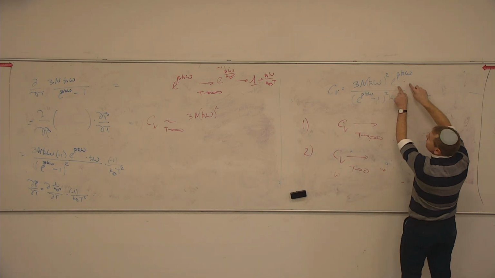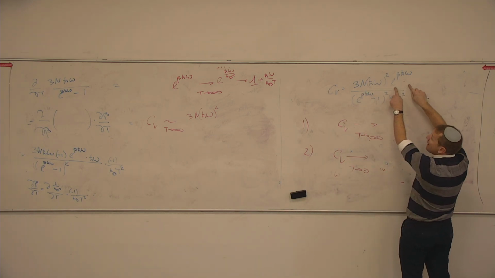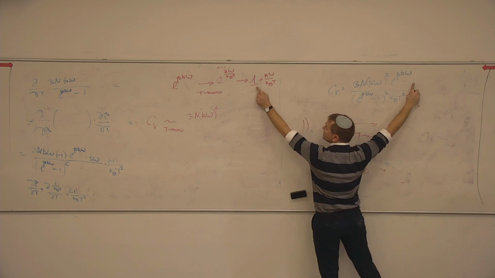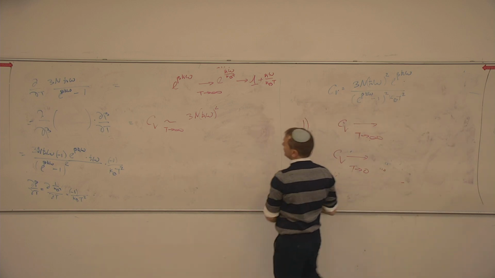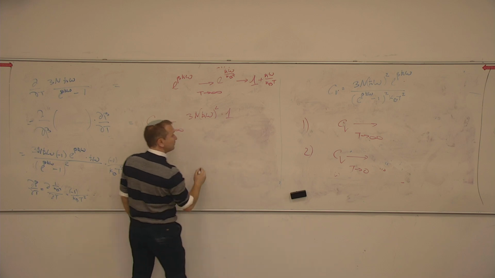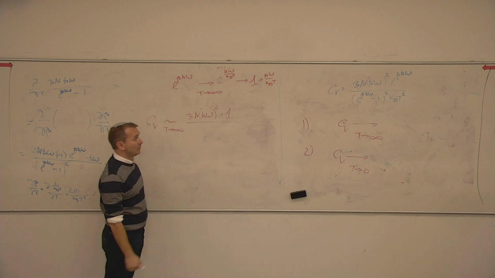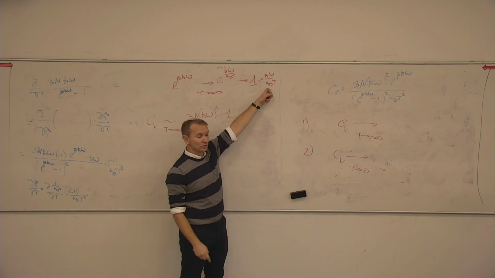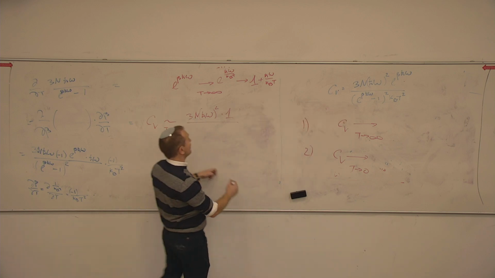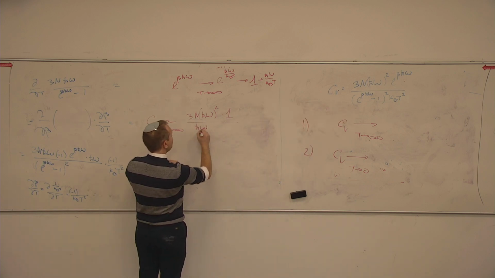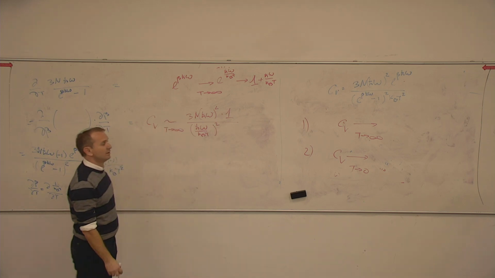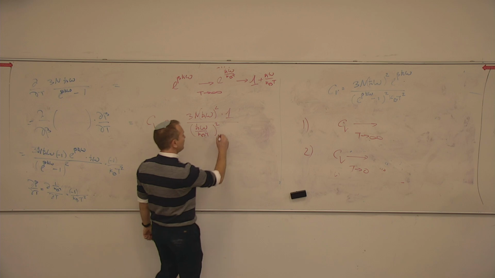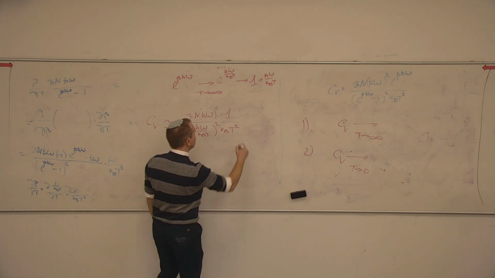For this factor, I can use the approximation where I take the exponential just as 1, multiplied by 1, divided by, in the denominator, the approximation up to first order. So here I have h bar omega divided by k Boltzmann T, squared, multiplied by k Boltzmann T squared.